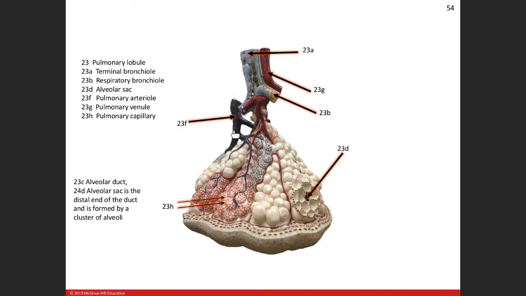But in this situation, remember, we're dealing with deoxygenated blood coming into the respiratory system. So if it's blue in the respiratory system, this is deoxygenated, so this is going to be an artery or an arteriole. And if it's red here, that's going to be a venule. And you can see the capillary bed down in here.